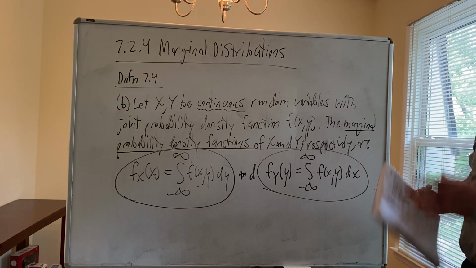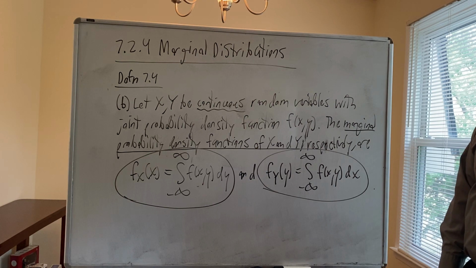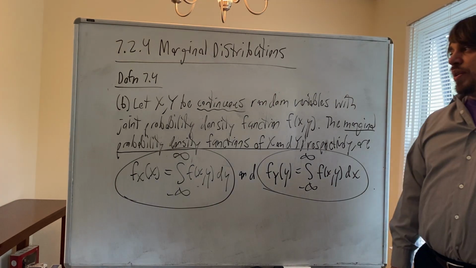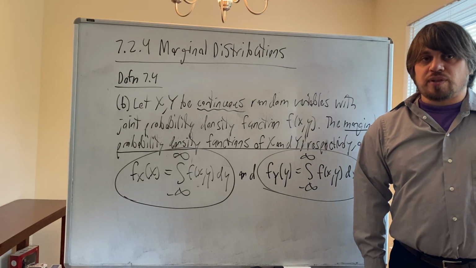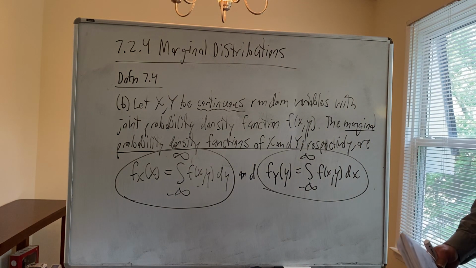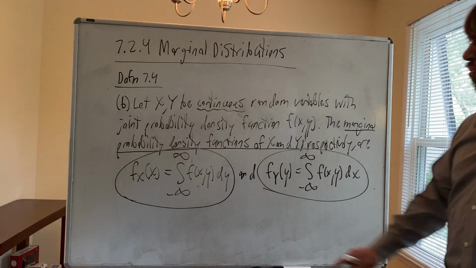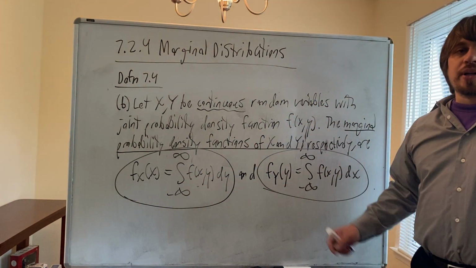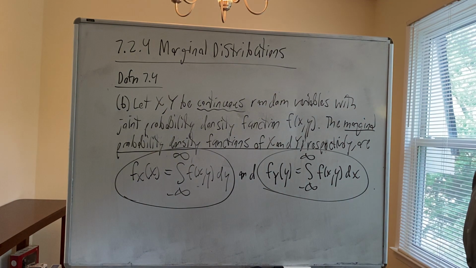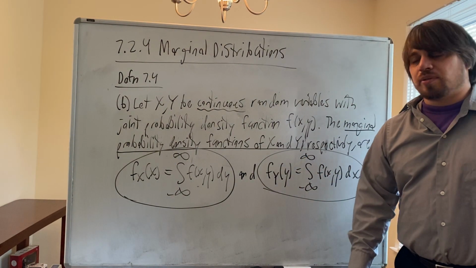Okay, so now we have the definition of the marginal probability density functions of X and Y, in part A for discrete random variables and part B for continuous. This is the probability capital X equals little x, and this is the probability capital Y equals little y, but here for continuous random variables.